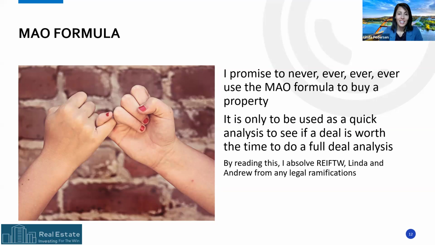I can show you mathematically why the Mayo formula loses its power as you get into higher priced homes. I can show you so many different ways that it can be way off base, but you know what it's like? If you're outside trying to fly a kite with your kid and you want to see which way the wind's blowing, you stick your thumb in your mouth to get it wet and hold it out in the breeze and feel which side gets cold. That's enough to fly a kite.